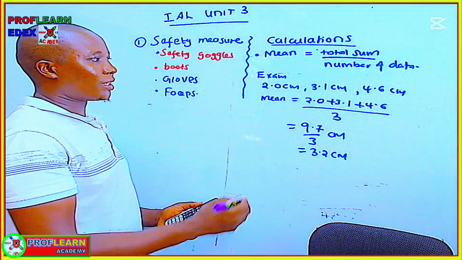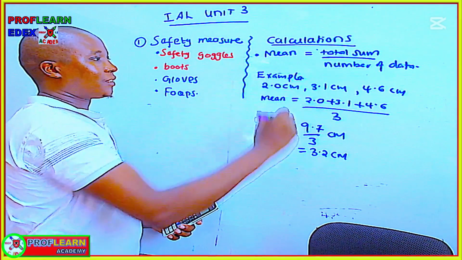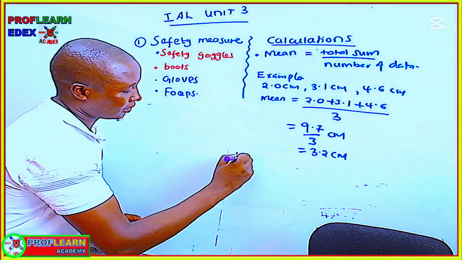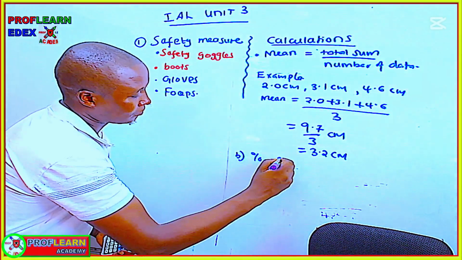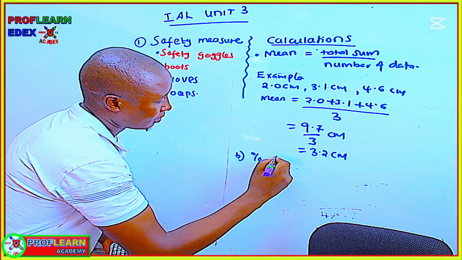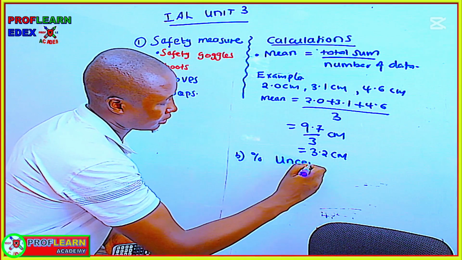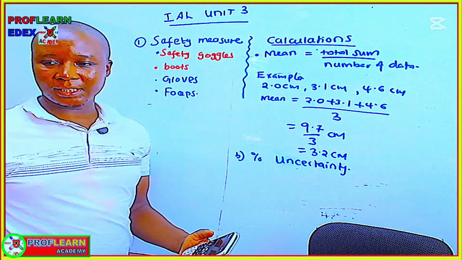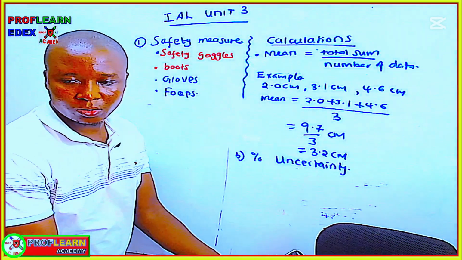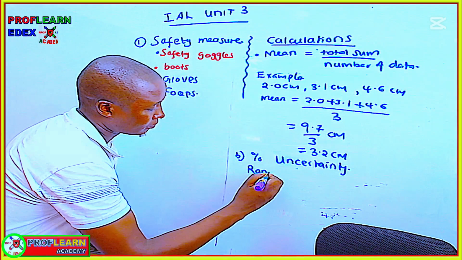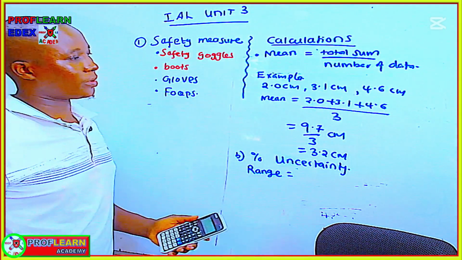Another question that can arise from here is to calculate percentage uncertainty. To calculate percentage uncertainty, what you need to do first is work out the range of the data given here.